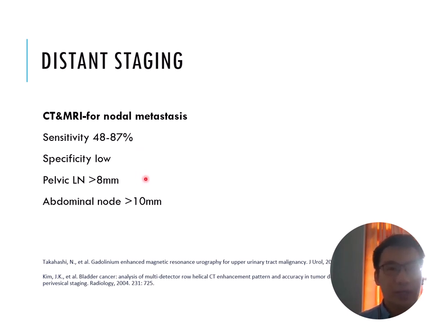Pelvic lymph nodes, you categorize as enlarged if they are more than 8 mm, and abdominal lymph nodes of more than 10 mm are considered enlarged. Hence, in the patient who has a bladder cancer or UTUC, especially locally advanced, we will perform a lymph node dissection because of a poor sensitivity and specificity for lymph node metastasis.